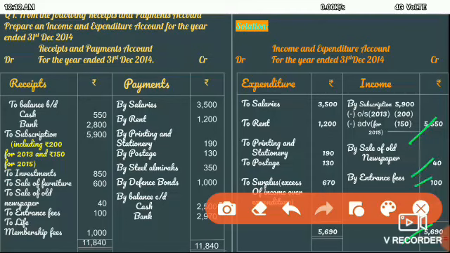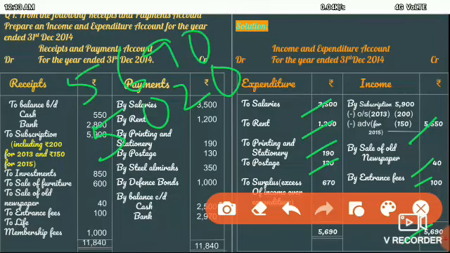And if we add all the expenditure of salary, rent, printing and stationery and postage, we get a total of 5,020. If we subtract 5,020 from 5,690, we get 670, which is an excess of income over expenditure, and that is our surplus. So I hope you understood how to make the income and expenditure account from the receipts and payments account. Let me show you another question.